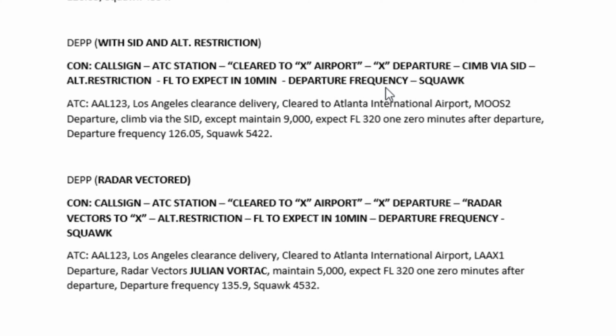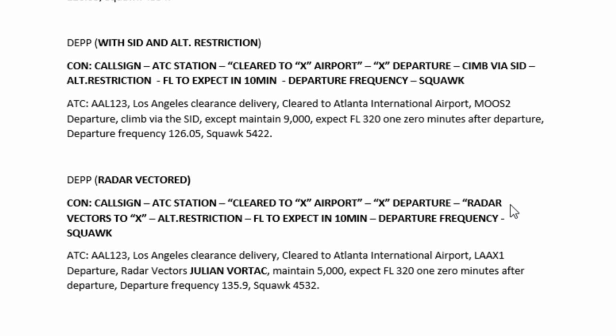So now let's talk about the radar vector departure, and it can be a little bit hard to understand at first, but it's pretty easy. So the construction is the same. You say the departure, then after the departure you say radar vectors to a position and the altitude restriction. This position, you can find in the chart.